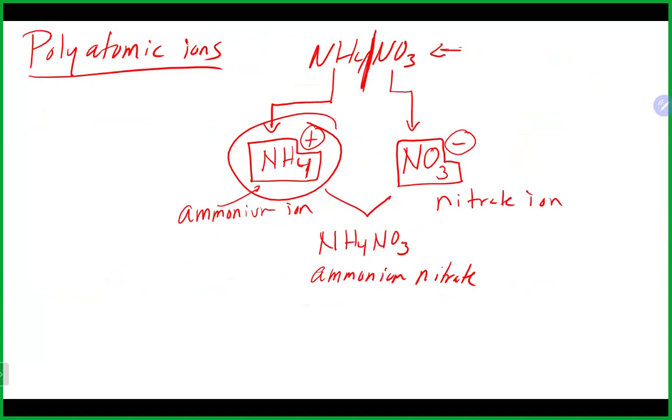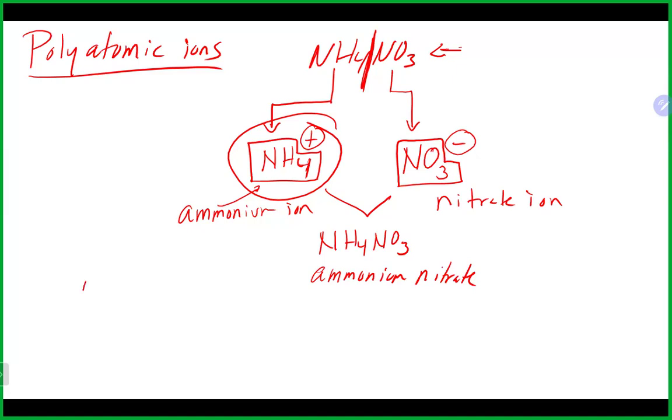The vast majority of polyatomic ions are actually negatively charged. And that means that probably 99% of the time, maybe even more, you will find a polyatomic ion hooked up with a metal, which is going to be the positive ion in this case.